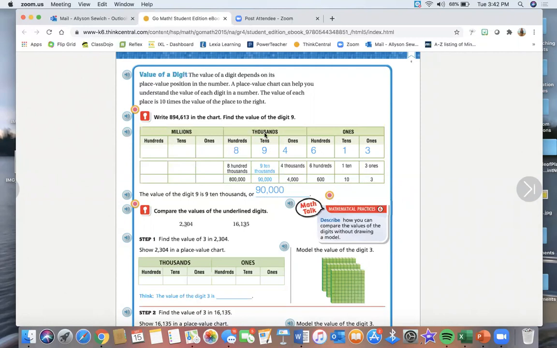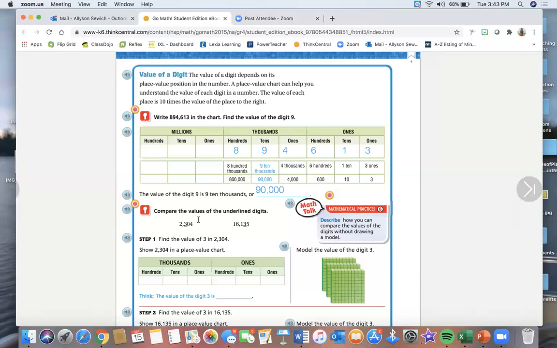All right. So if we were to look at this again, the value of the digit 4 is 4,000s, or 4,000. It could say the value of the digit 6 is 600s, or just 600.